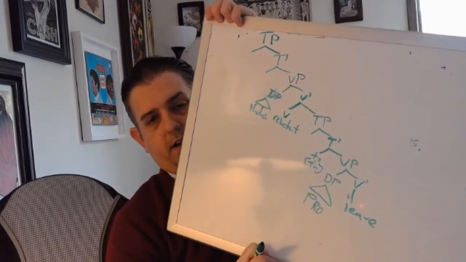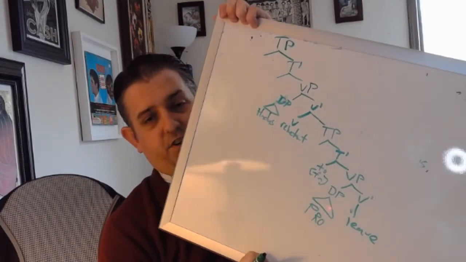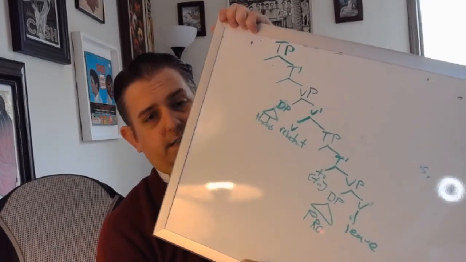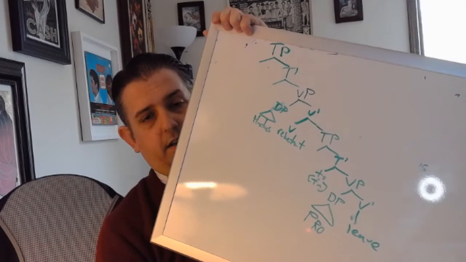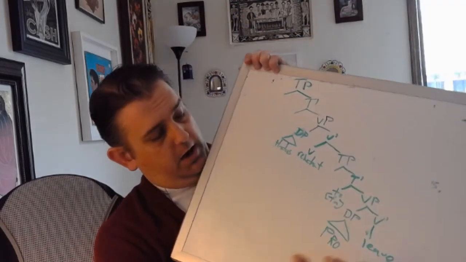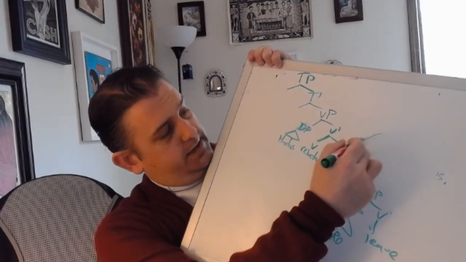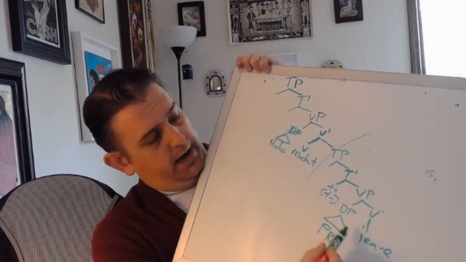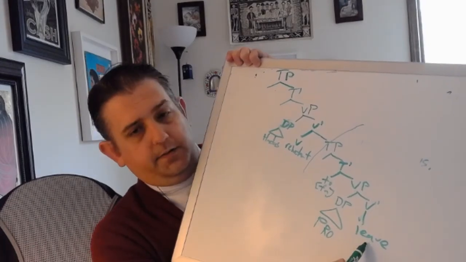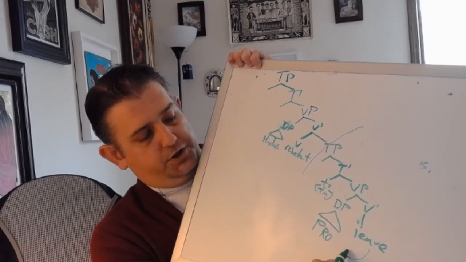So we have our sentence here, and you'll notice this tree is very, very simple. Just a TP with a VP, embedding another TP with a VP. So we have in our lower TP down here a leave, which is assigning a theta role to this pro.